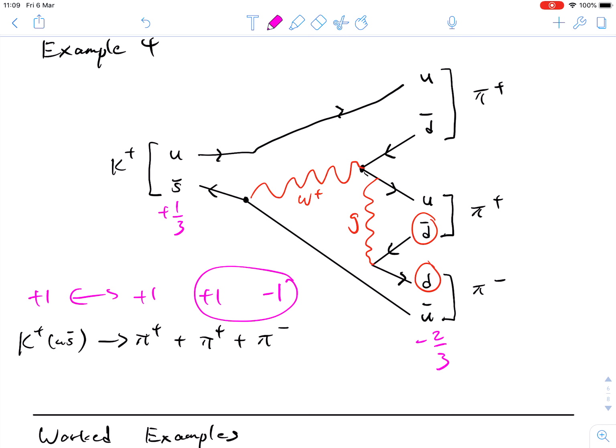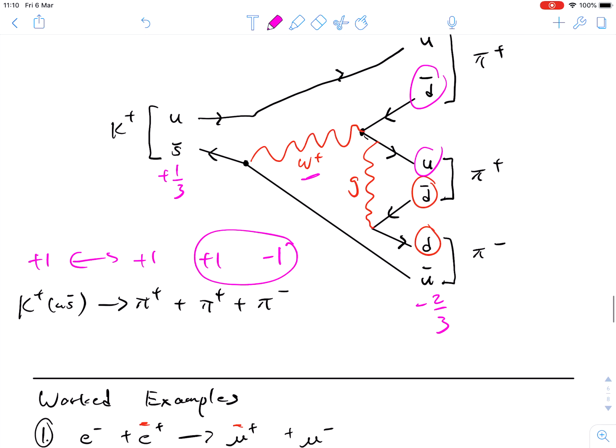So by giving away a plus, it becomes more negative as a result. Okay, and that plus then translates into the anti-down and the up. Then from the up, there's some extra energy that comes out of that, and it's forming our down and anti-down.